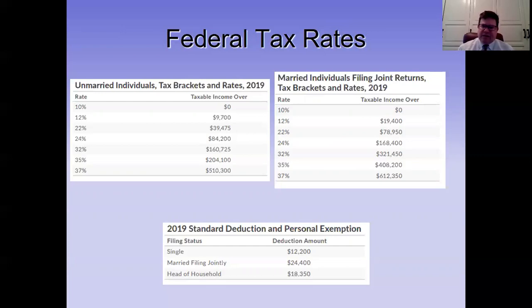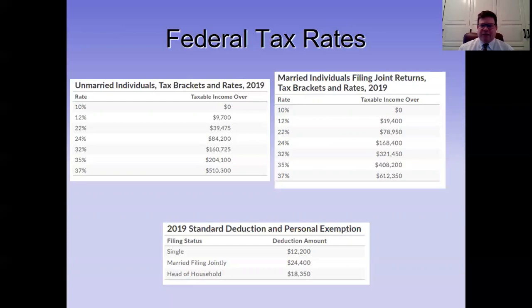Now, what makes the system even more complicated above that is the fact that when we examine the way taxes are run, everybody gets a personal exemption, which means if you're single, you don't have to pay taxes on the first $12,200 of your income.